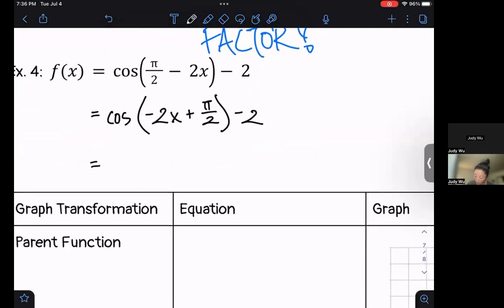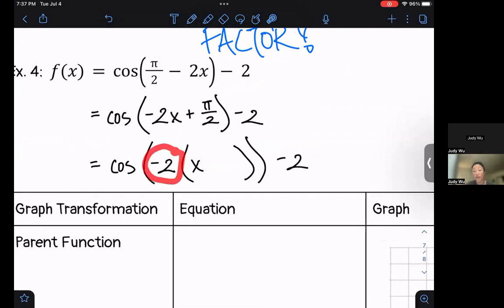So we get cosine. This time we're factoring out a negative 2, and we want x plus or minus something in there. Whatever that something is, that's going to be our c value. First things first, I notice that I'm actually factoring out a negative 2.